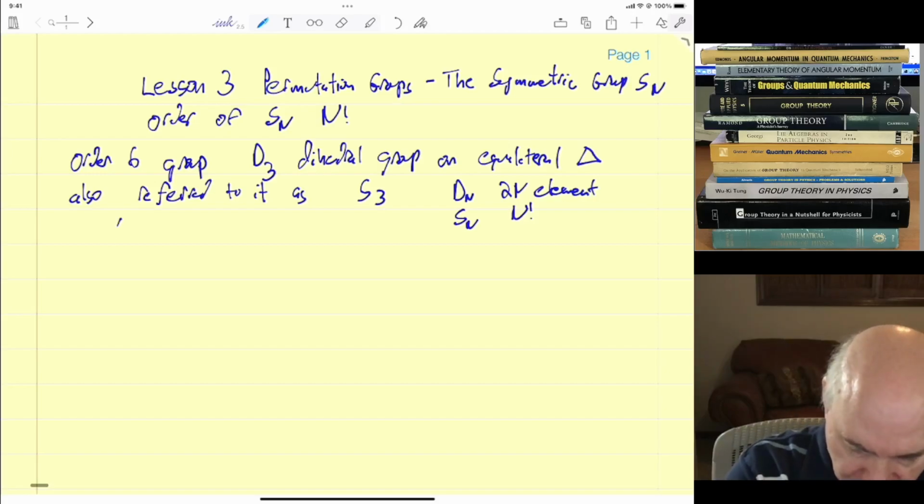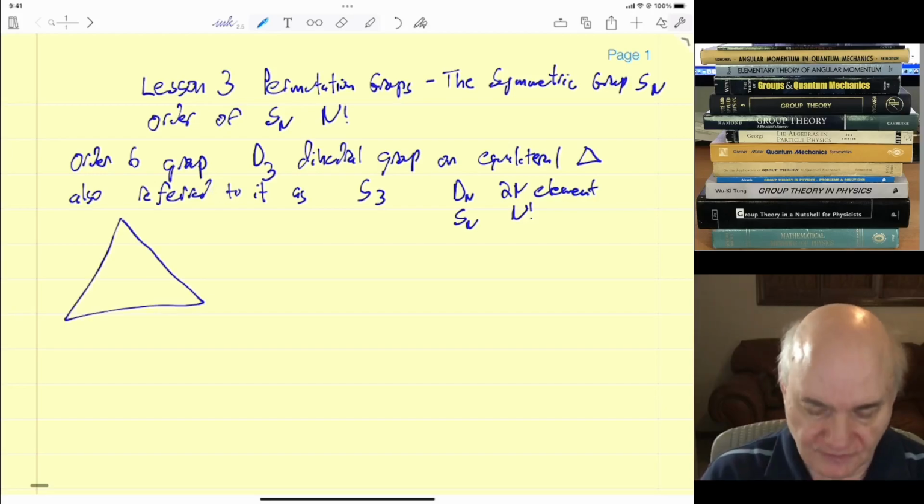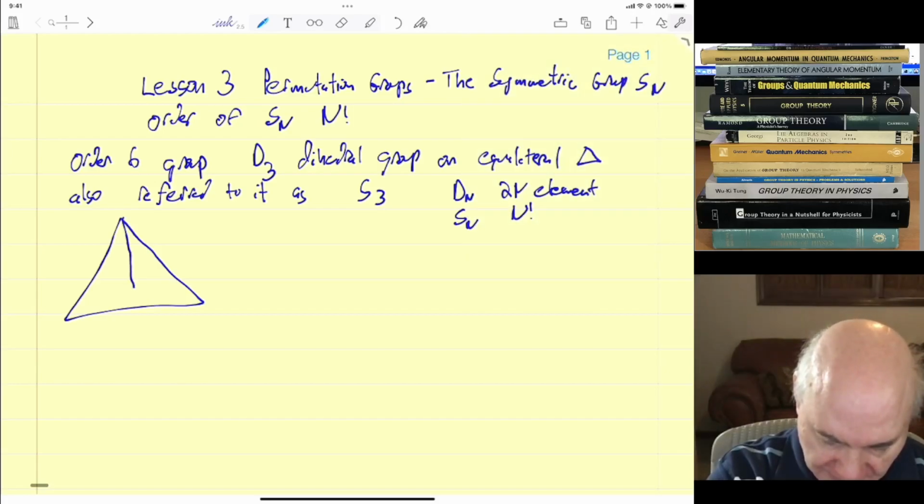So let me just briefly review what we did. We have an equilateral triangle. We look at the symmetries of the equilateral triangle, and we can rotate by 120 degrees, 240 degrees, or do nothing. That's 3 elements. Or we can reflect about the medians.